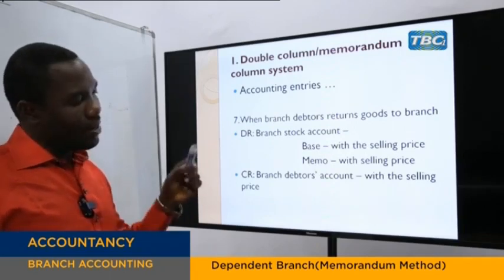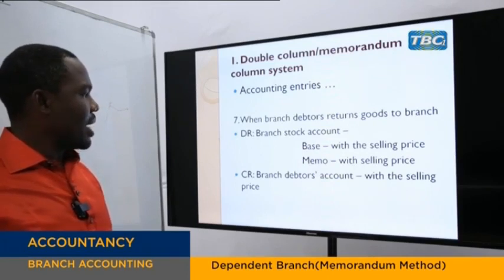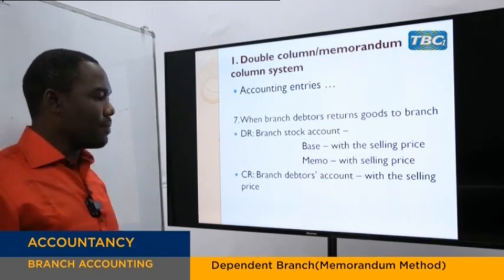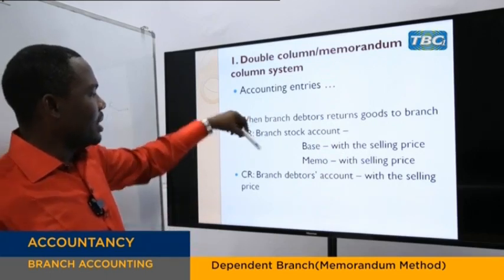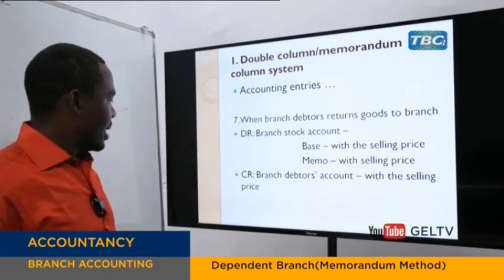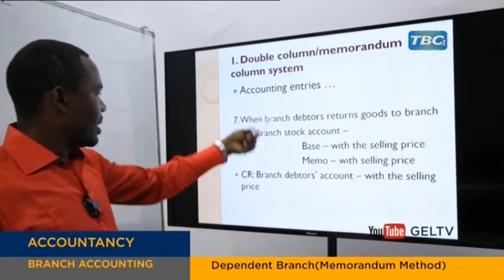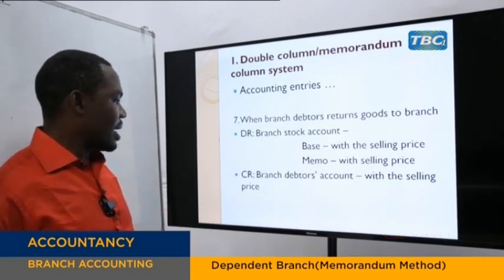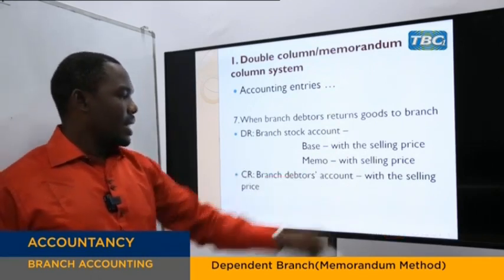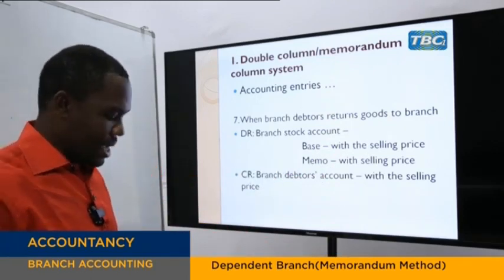Why? Because when these goods were sold, they were credited on the branch stock account. So if they are returned, we debit them to cancel out the transaction, and they will remain as stock. Then it will be credited to the branch debtors account with the selling price, because they were sold at selling price.